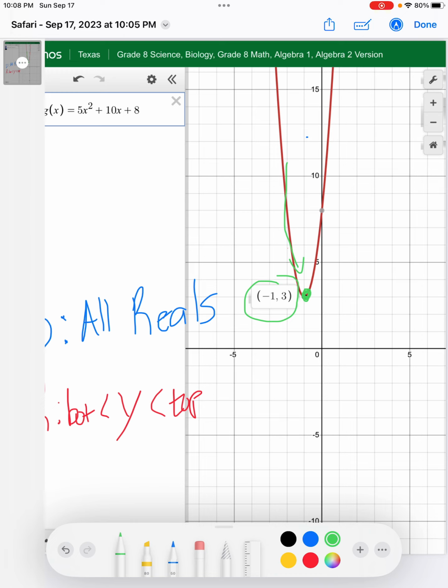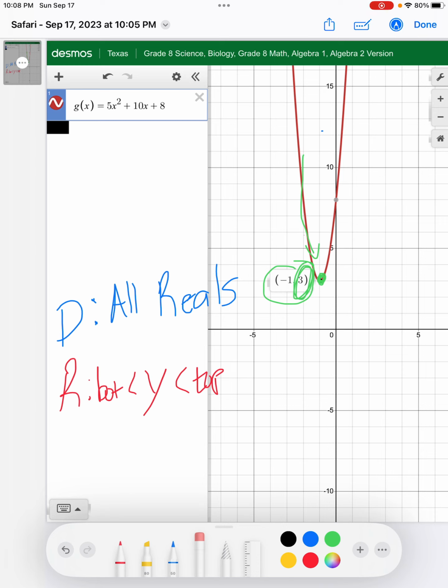And we say, well, what value do I want for what I'm looking for right now? So we say, well, I'm looking for range, and I went down and I found this point. And so if I'm looking for range, I care about y values, so I would want the 3. Okay, so my bottom value should be 3. Okay, then we ask ourselves, okay, well, do I put the equals to or not?